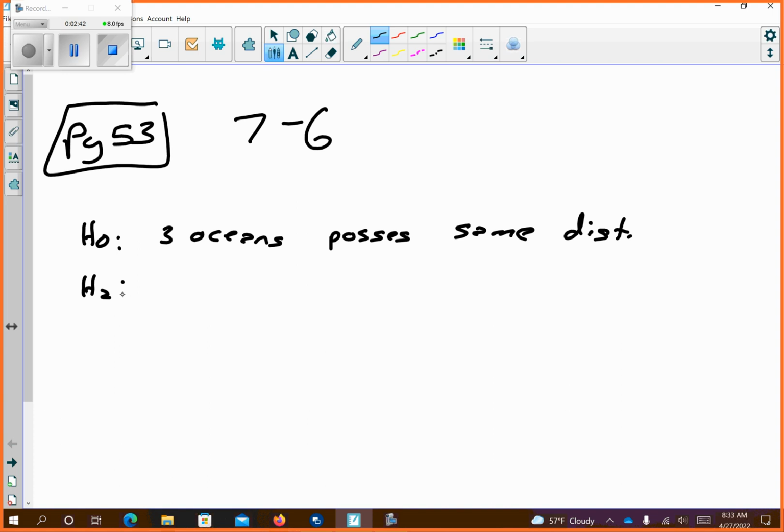Our alternative: the 3 oceans possess different distributions. All right. So this is just another way of testing the data. If we reject the null hypothesis, we find strong evidence that the 3 oceans possess different distributions of hurricane intensities. If we fail to reject the null hypothesis, we fail to find strong evidence that the 3 oceans possess different distributions of hurricane intensities. Otherwise, mathematically, the degrees of freedom and the assumptions of the method for calculating the p-value are the same.